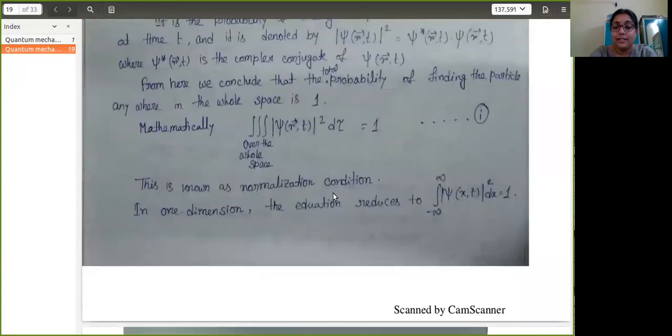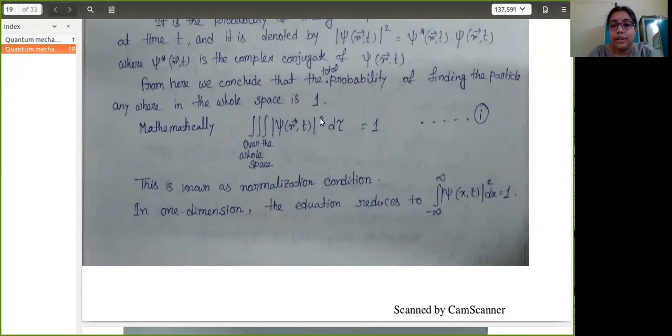So as I said, this equation, equation number 1, is called the normalization condition. That means the probability of finding the particle anywhere in space. Obviously probability has to be 1 at maximum, it cannot be greater than 1.